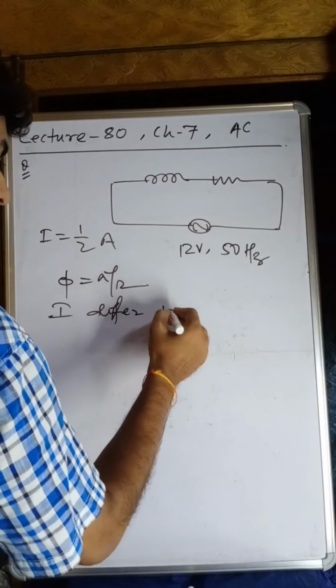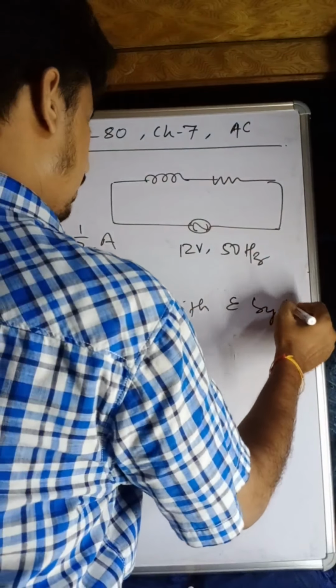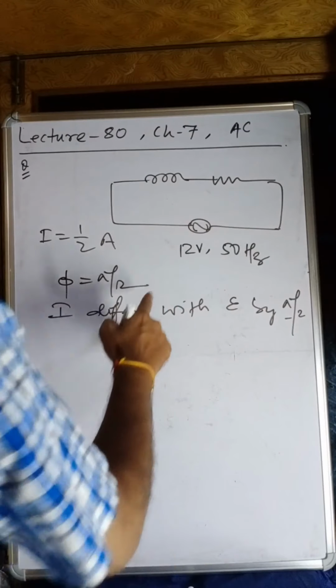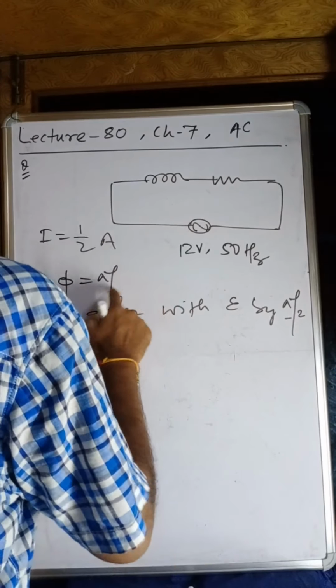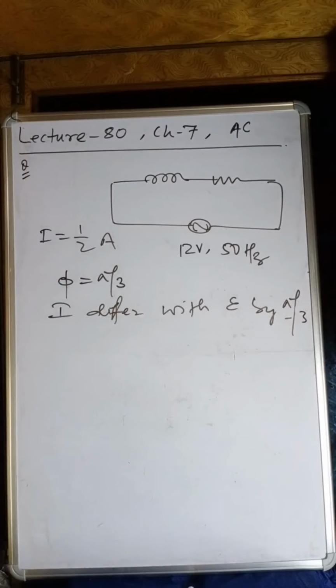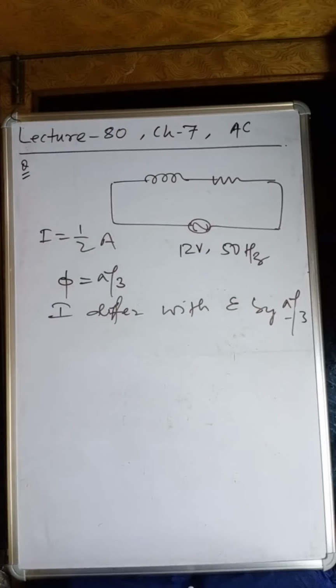It is given pi by 3. Now, if it differs by pi by 3 radian, then you have to find the value of resistance.